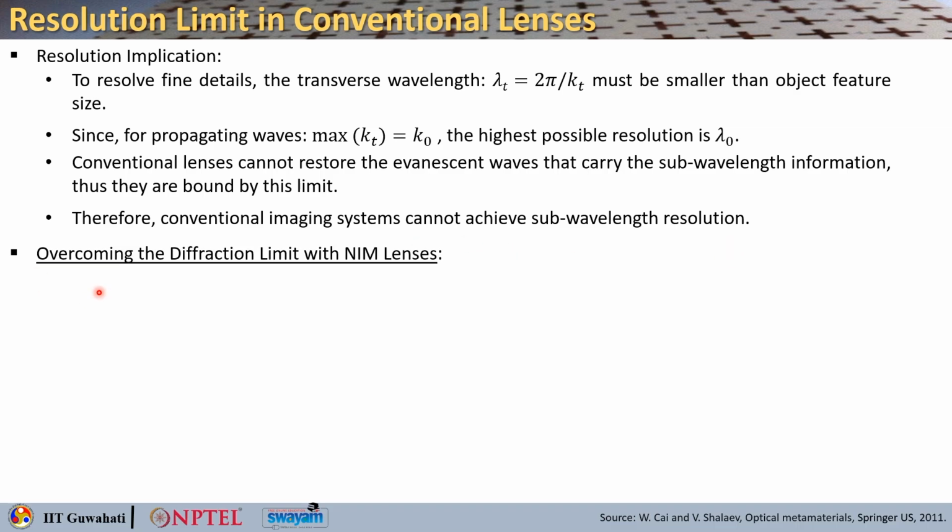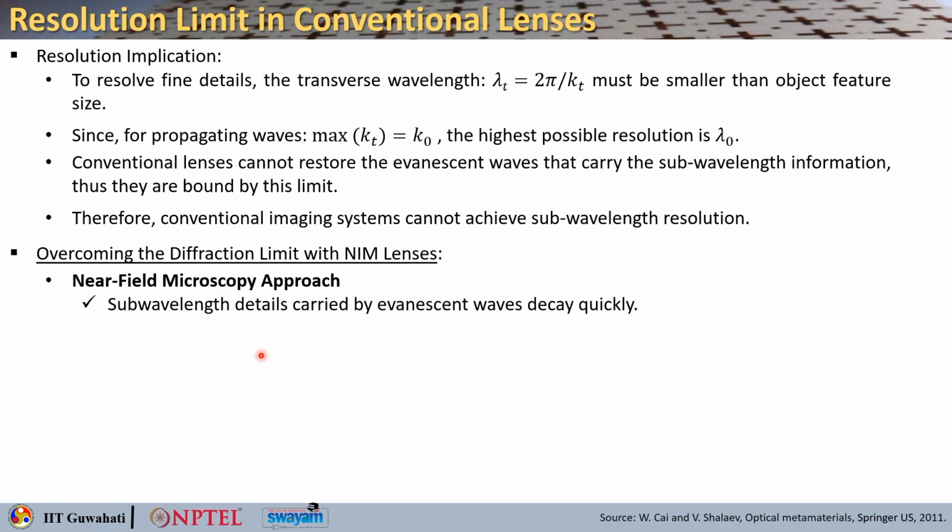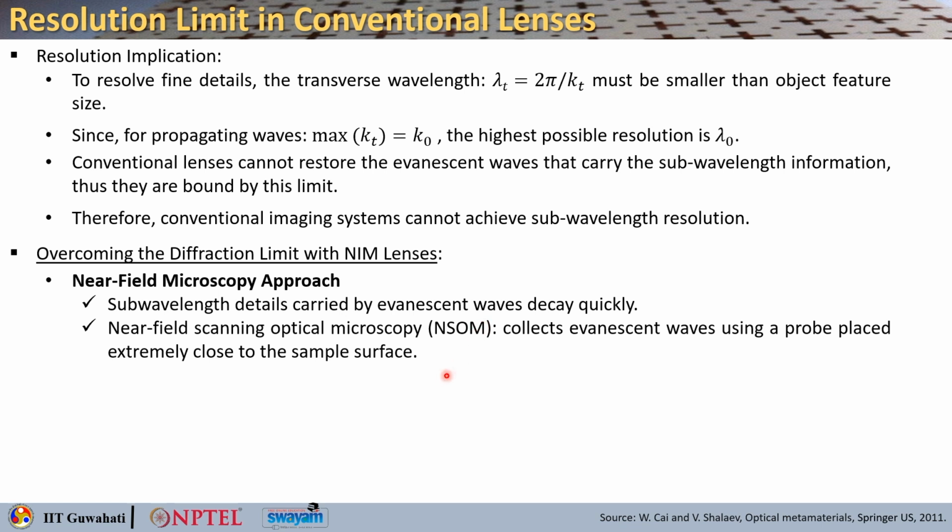Now, we can overcome the diffraction limit using negative index material lenses, and this is where the near field microscopy approach is used. So, sub-wavelength details, as I mentioned, are carried by evanescent waves and they decay very quickly.